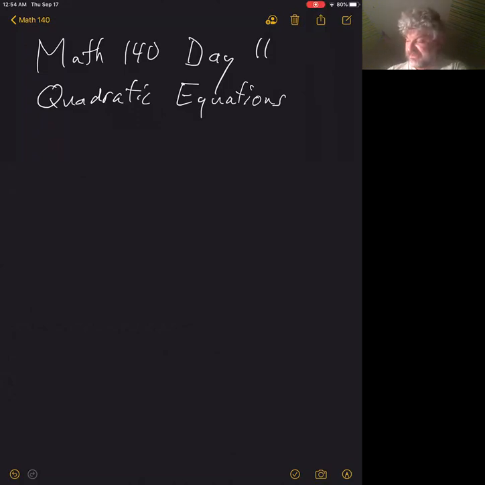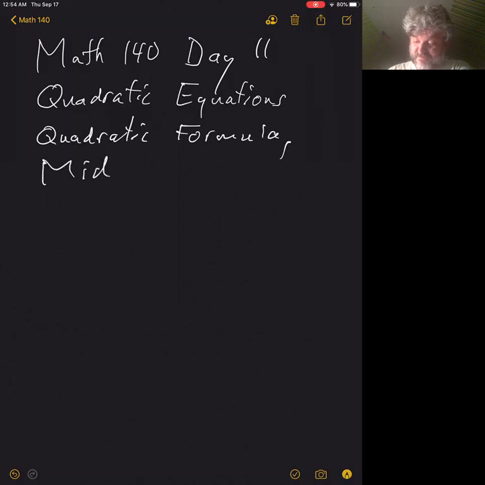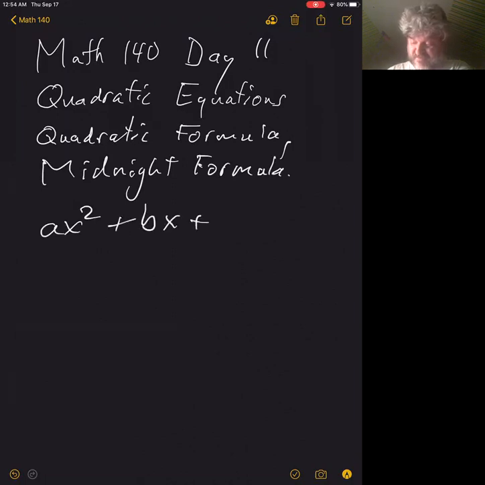So this is about the quadratic formula, also known as the midnight formula, for solving quadratic equations.